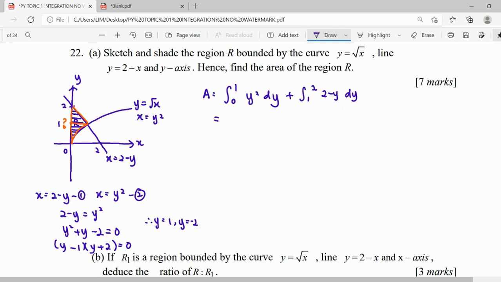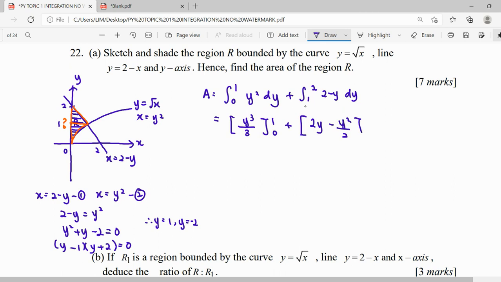Then we integrate. Area is simple. Area and volume are simple. The first thing you must know is how to generate the formula for the area or region. Step 2, integration. Step 3, rewrite the limits. Then step 4, you can press your calculator and find the value. So we integrate: power plus 1 over new power, from 0 to 1. For the constant 2, integrating gives 2y.